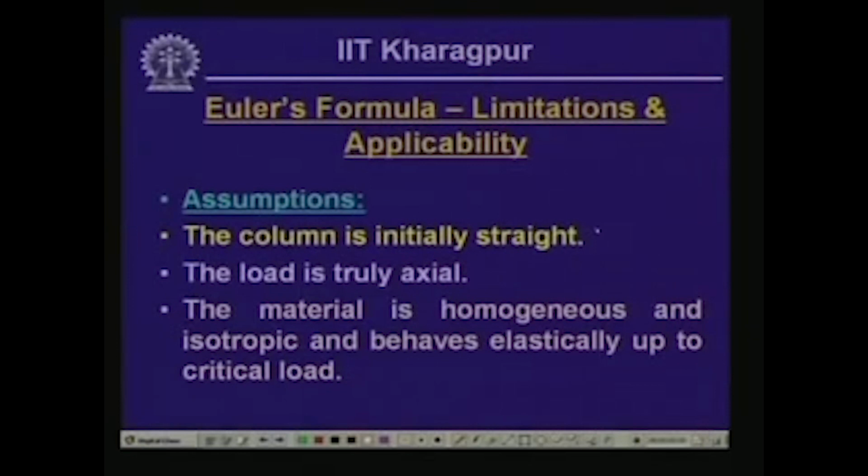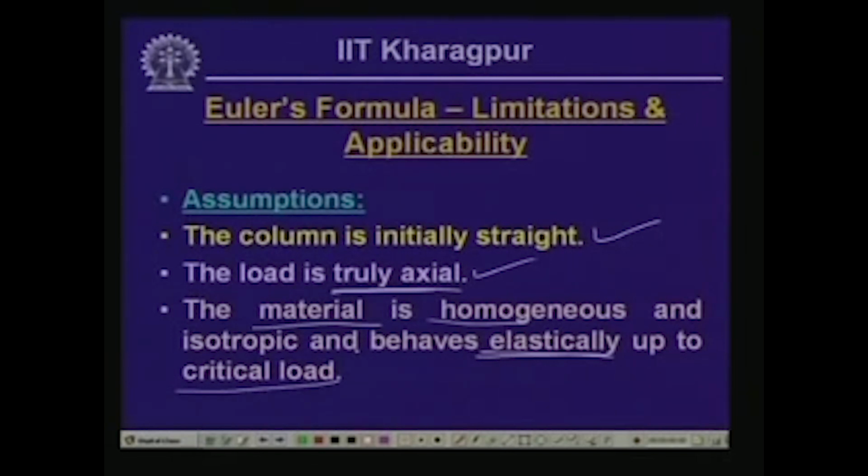That means we had considered an idealized situation, that the column member is perfectly straight and subjected to a compressive load which is truly axial, passing through the centroidal line of the cross section of the column member. So, the column is initially straight, the load is truly axial, the material is homogeneous and isotropic, and it behaves elastically up to the critical load.